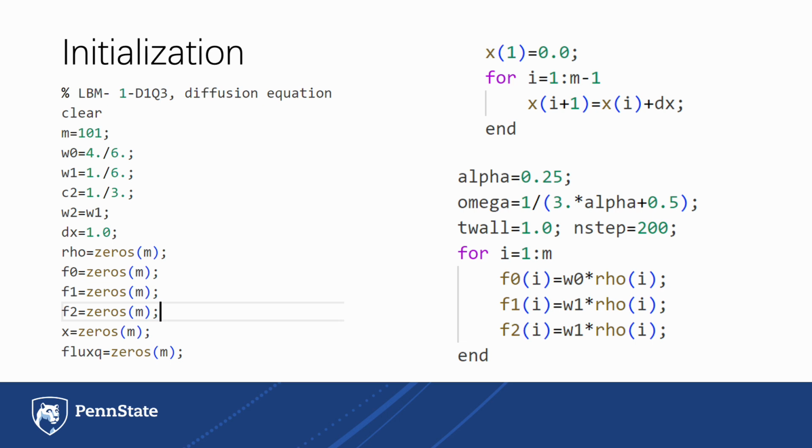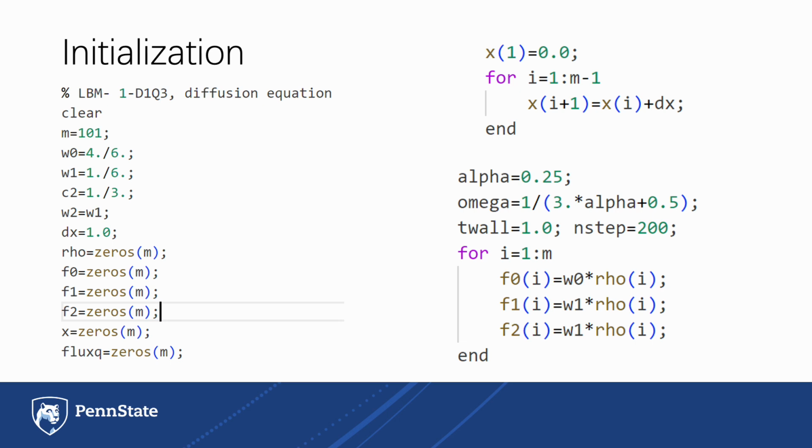The first step is to initialize the values and the distributions we are going to use for the mesh that we have, that is a mesh of 101 lattices of the type D1Q3. Moreover, we know that the weighting factors for this specific type of lattice are 4 over 6 for the node that is static and 1 over 6 for the nodes that are spreading, that are going to be streamed.